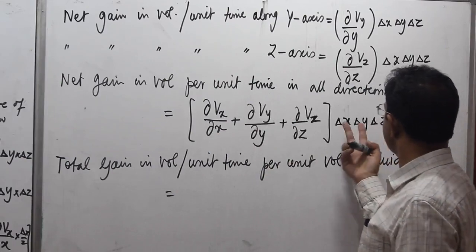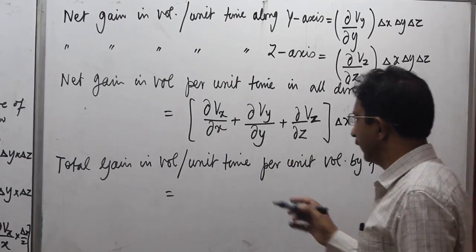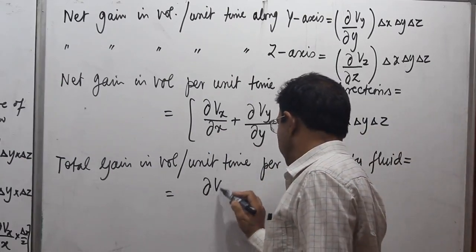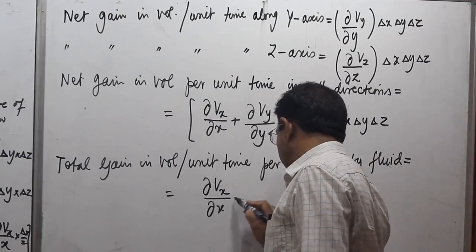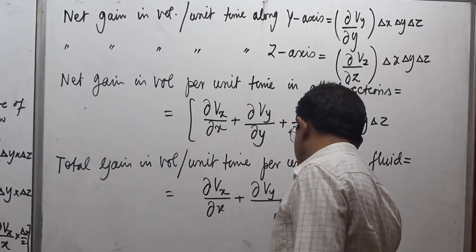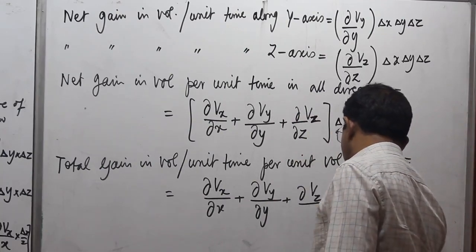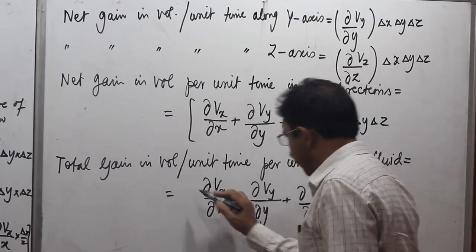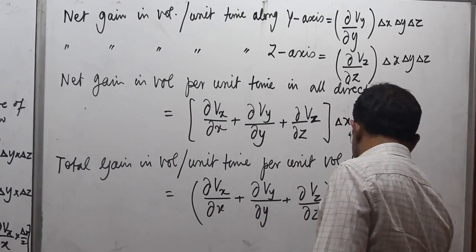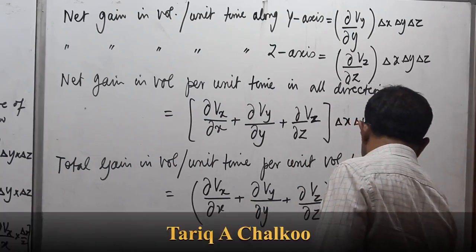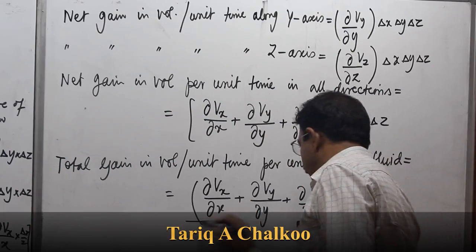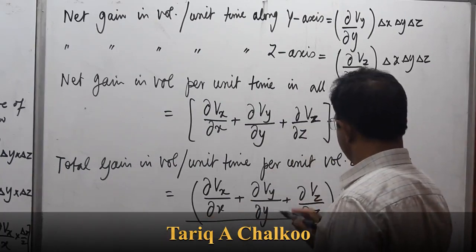This was for the volume delta x, delta y, delta z, so I get my answer when I divide this quantity by delta x, delta y, delta z. So here I first multiply it by delta x, delta y, delta z, and then I divide, because I am finding it now per unit volume.